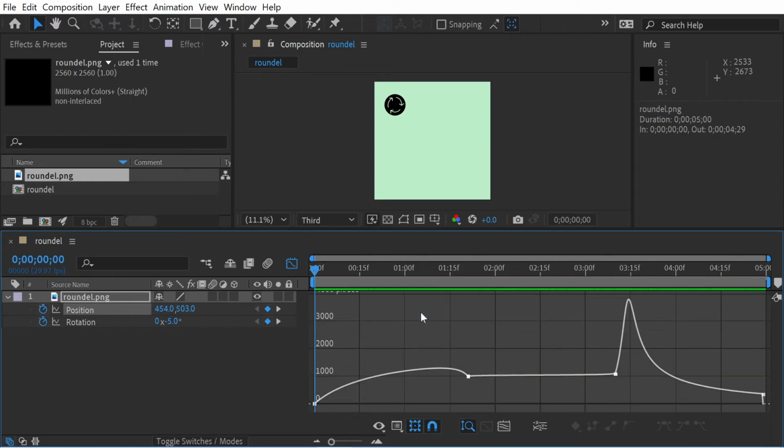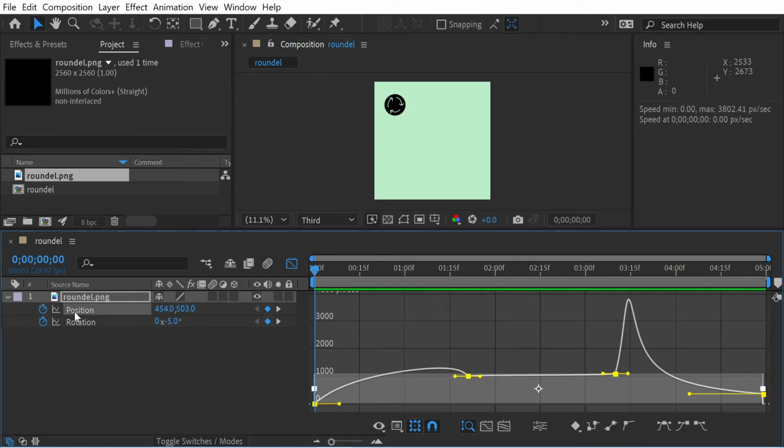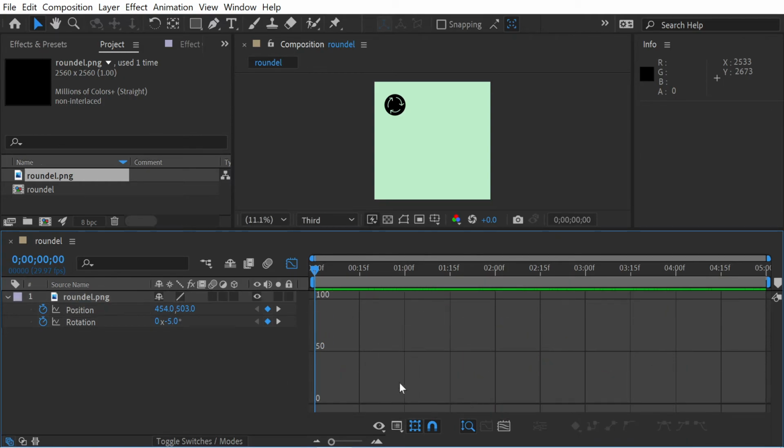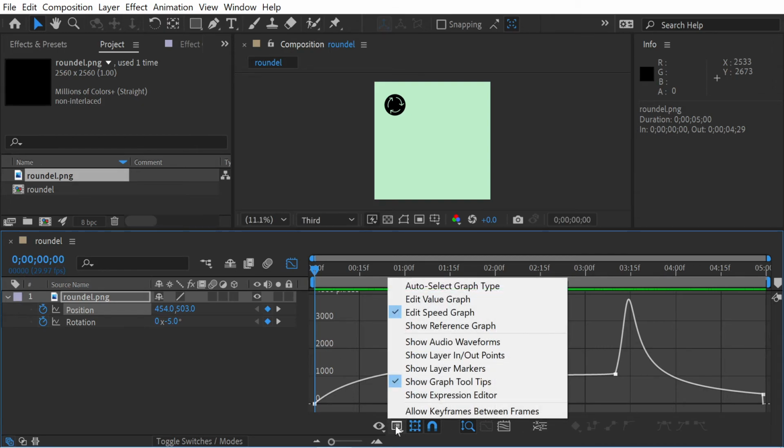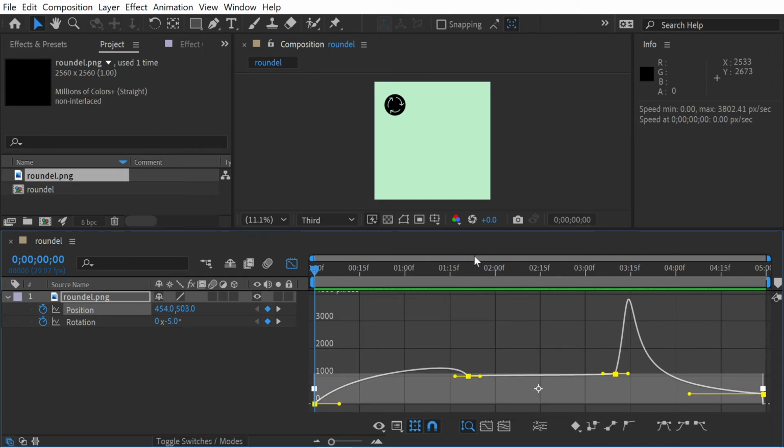Let's go back to this speed graph. So again, it looks like the changes that I've made have caused a problem in the speed graph. Yeah, for some reason this got reset and this one is still fine.